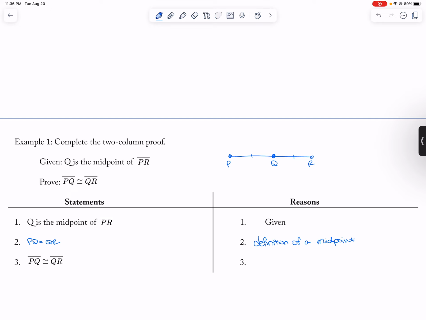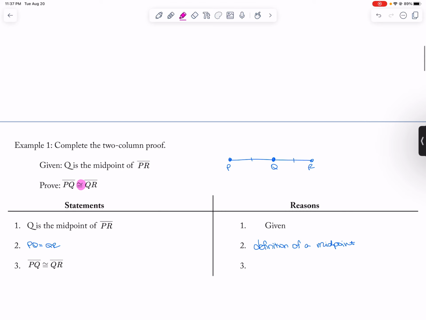I'm okay with you doing a little bit of abbreviation because we're just starting to learn this stuff. But the one thing I will caution you about is that I have to be able to read it, right? So don't abbreviate where I have no idea what you're writing. Also, there's a difference between equality and congruency. This symbol here is congruent.